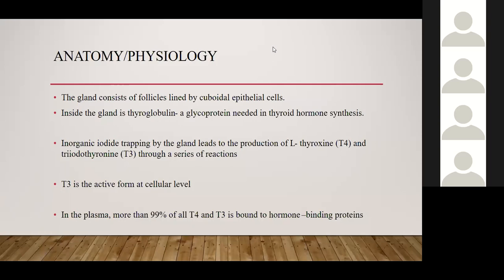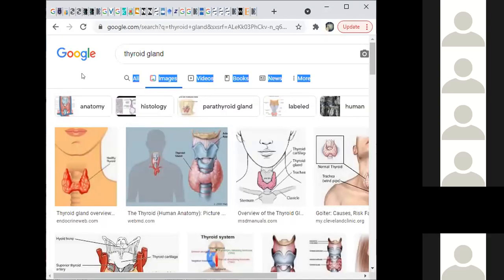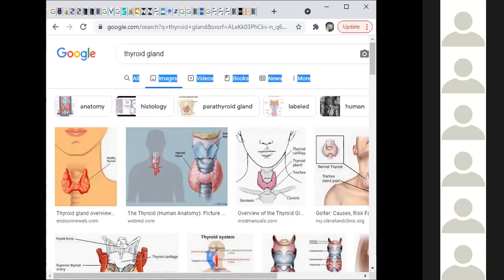No, sir. Okay. What about now? Yes, we can see. Yes. So basically you can see the thyroid gland here.